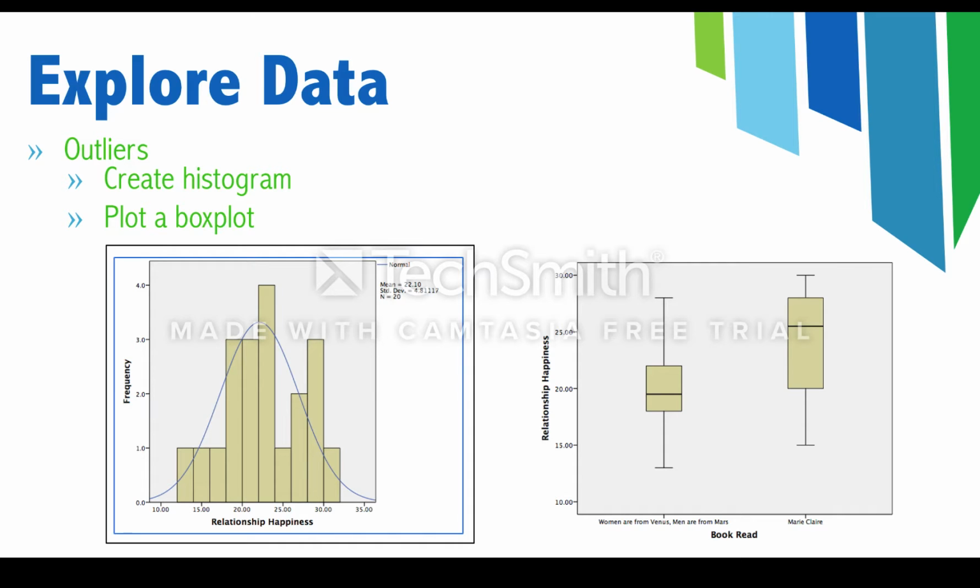Any data points that are more than 1.5 box lengths from the edge of their box are classified by SPSS Statistics as outliers, and they are illustrated as circular dots. Any data points that are more than 3 box lengths away from the edge of their box are classified as extreme outliers and are illustrated with an asterisk. Both types of outliers are labeled with their case number.